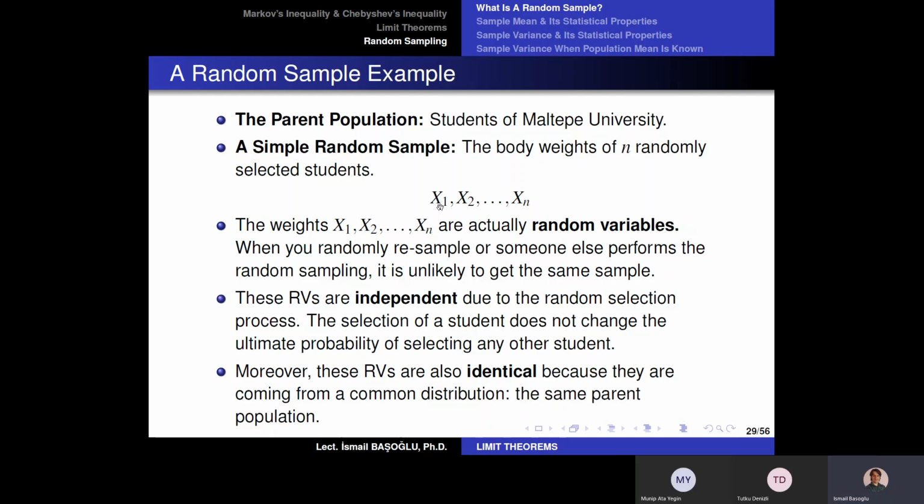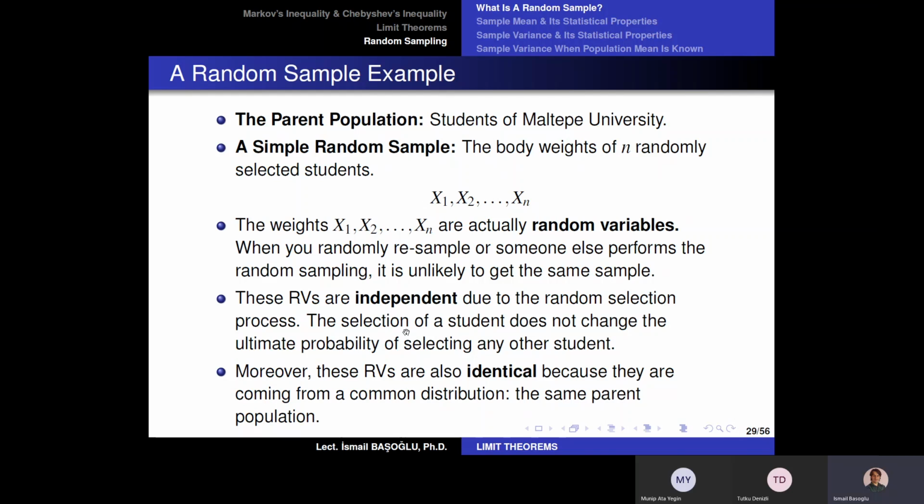For example, when you select the first student, and if the first student has a low body weight, if you do not intentionally select another student whose body weight is high, then this is going to be a random sampling procedure. So when you intend to select the second person, you should not be influenced by the first selection. So every selection in this random sample must be independent of all previous selections.